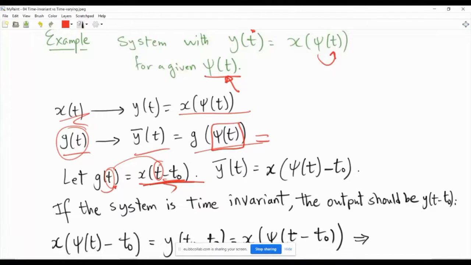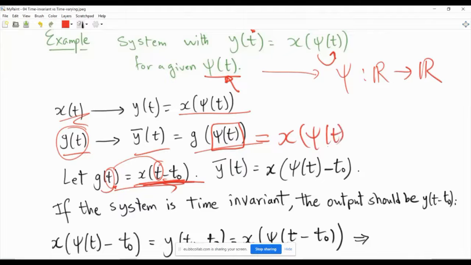We assume, of course, that psi is a function from R to R. So basically g of psi of t, if g of a number like here is x of the number minus t0. Okay, so this will be y bar of t.